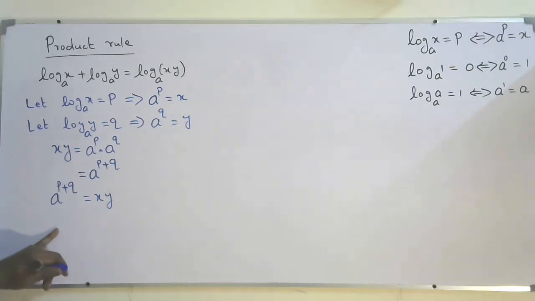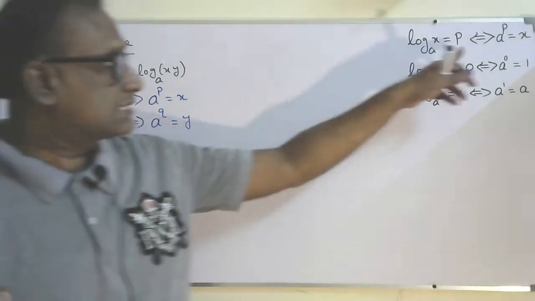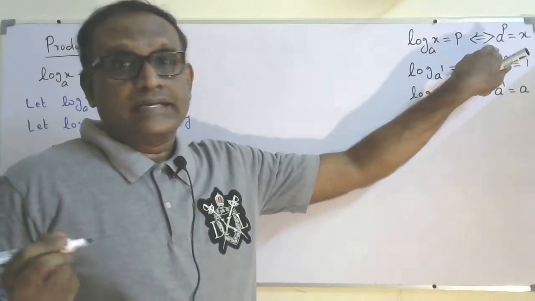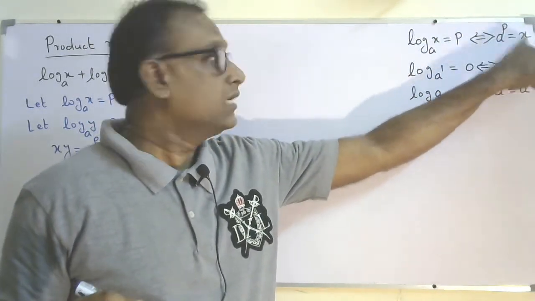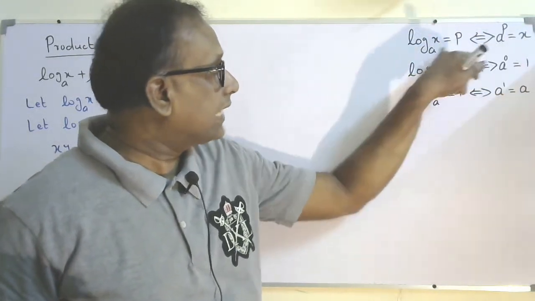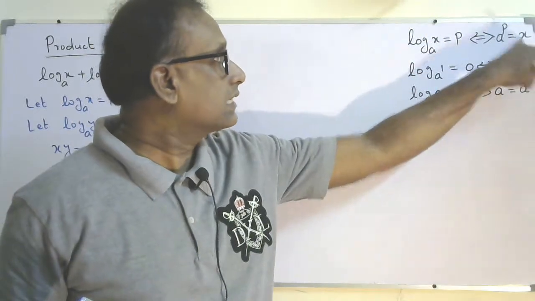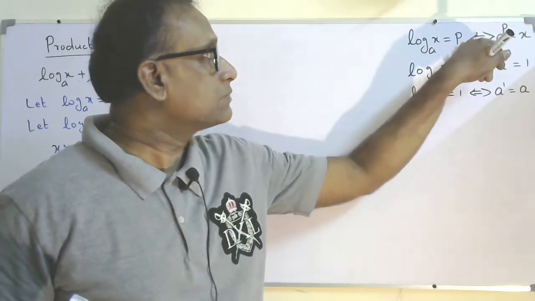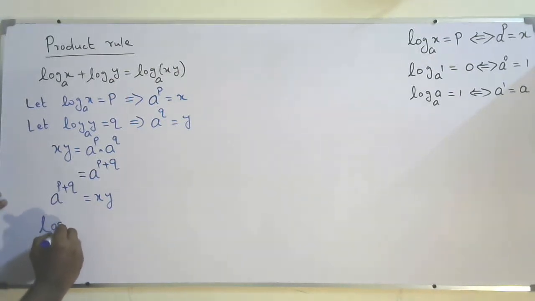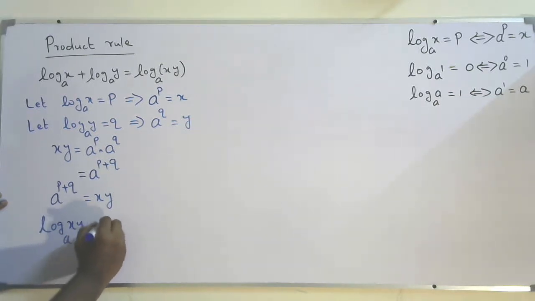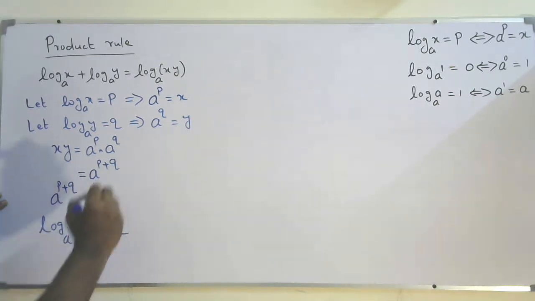Now again use the definition of logarithm. a to the power p equal x means log of a, that comes as the base, this comes here, the index comes here. So if I use the same thing, I can write log a of xy equal p plus q.